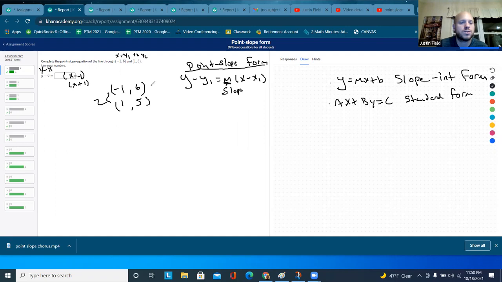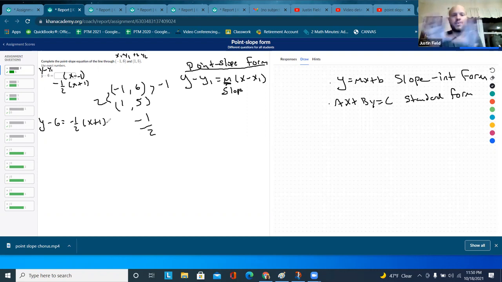So that's 2, that's negative 1, rise over run. Slope is negative 1/2. So just writing it all myself, the equation would be y minus 6 equals negative 1/2 (x plus 1).